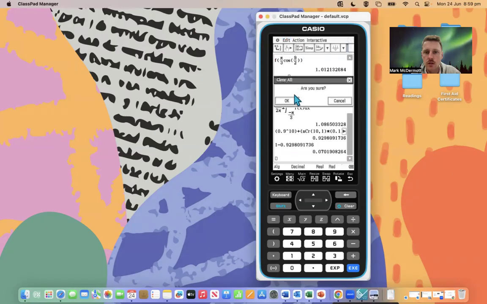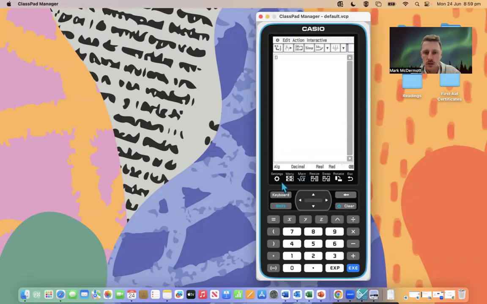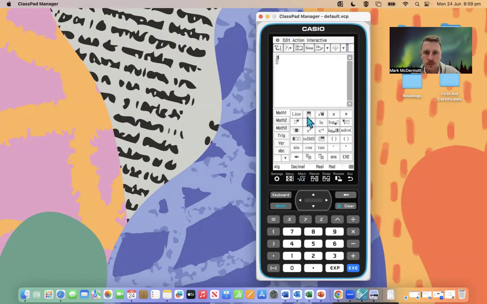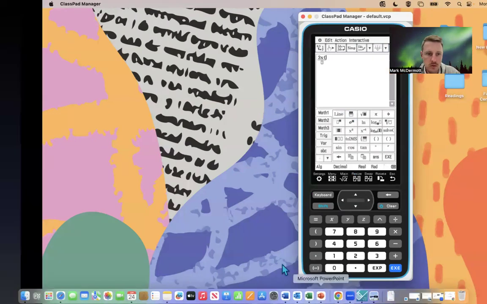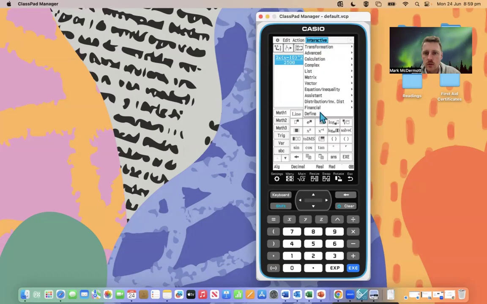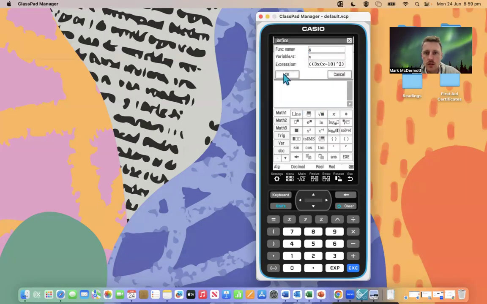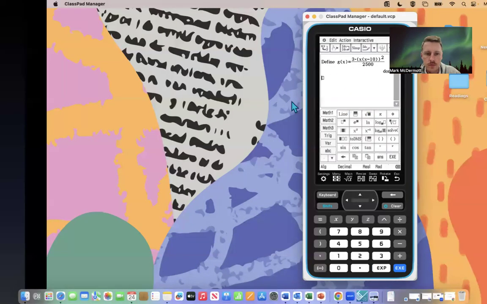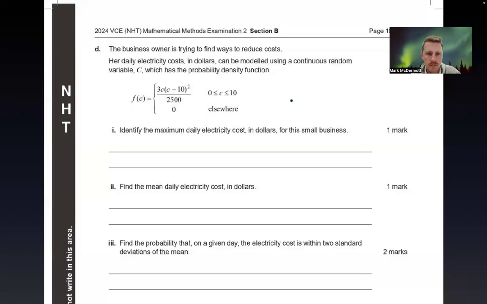It's 3x times (x minus 10) squared, divided by 2500. Define g of x. Identify the maximum daily electricity cost.